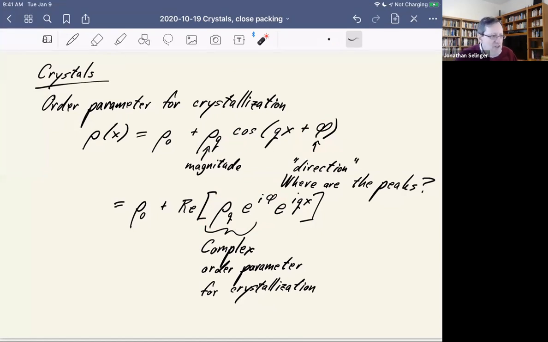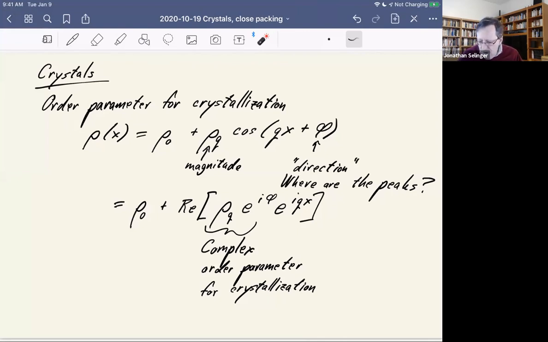A complex number is the right kind of quantity that can describe this sort of symmetry breaking. Later on, as we get into liquid crystals and other things, we'll see another example of trying to pick the right sort of mathematical object to describe whatever kind of order there is in a certain phase.